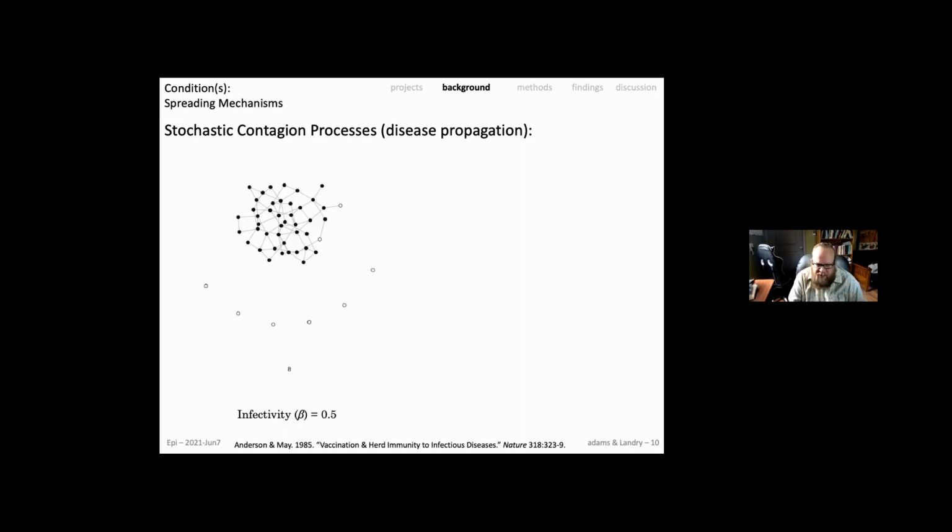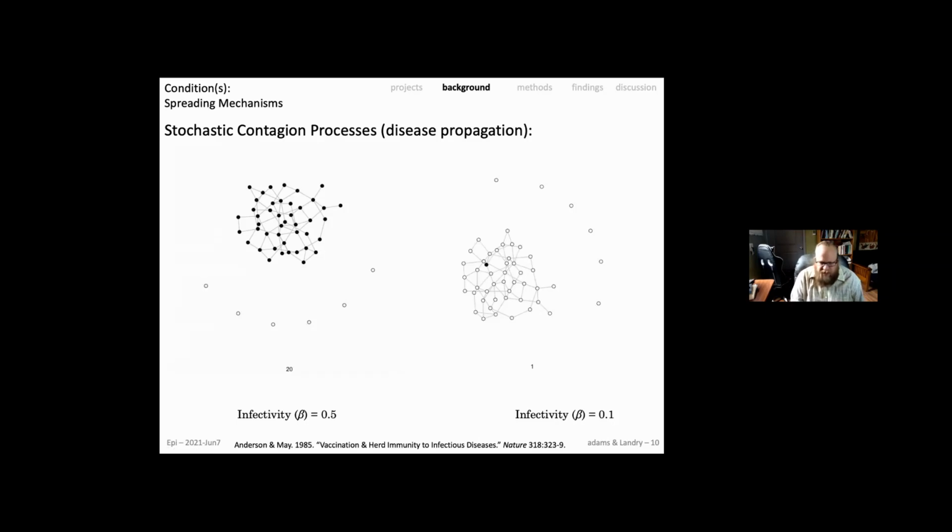It's not going to take many time steps to reach everybody in what we refer to as a connected component. Everybody who could be reached is reached by that spreading process. These people out here who aren't connected can't be infected because they don't have a pathway to do so. So we reach the full extent of the infection quite quickly with high infectivity.